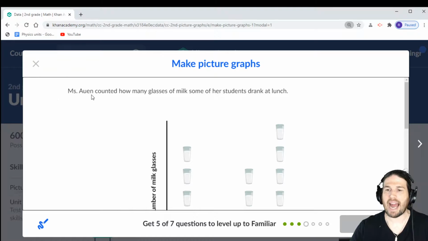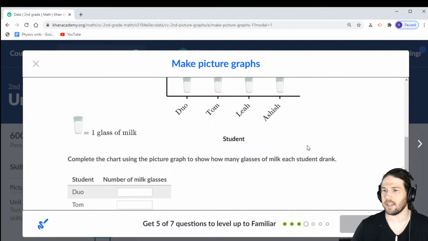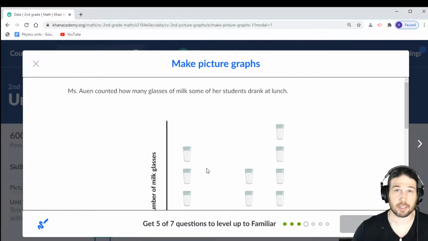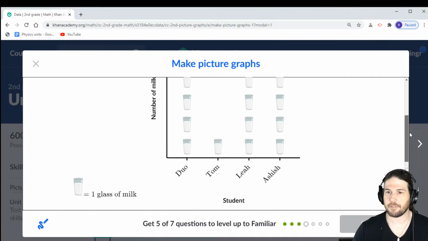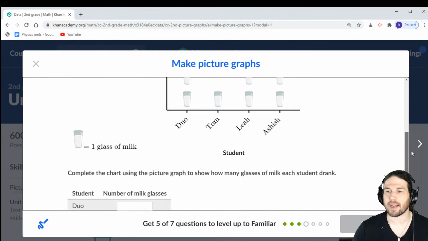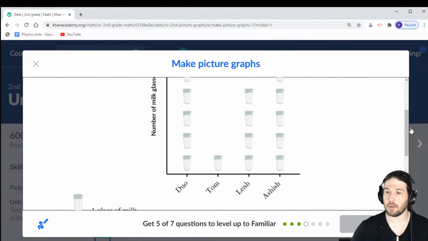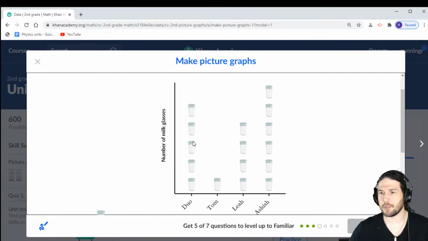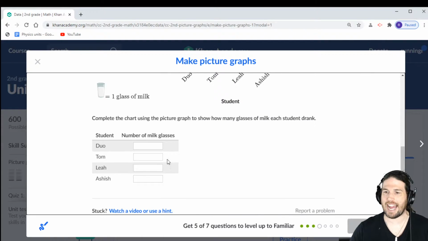Hey, Miss Owen counted how many glasses of milk some of her students drank at lunch. I very much doubt there are people drinking 5 to 7 glasses of milk at lunch, but you never know. Some people really like milk. If one of these pictures equals 1 glass of milk, then Duo, the bird from Duolingo, got 1, 2, 3, 4, 5 glasses of milk at lunch.